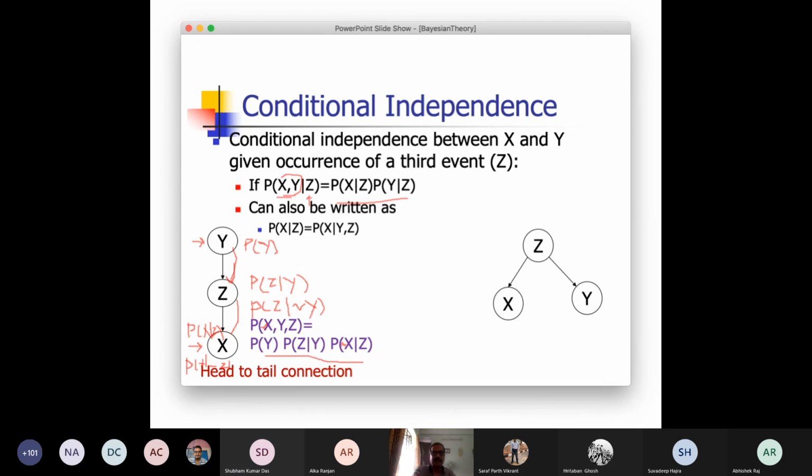First thing is the number of parameters. I hope you have understood. My question is, if I want to get the joint probability distribution, which means for all distinct combinations of x, y, z, I would like to have their probabilities. That is the joint probability distribution.